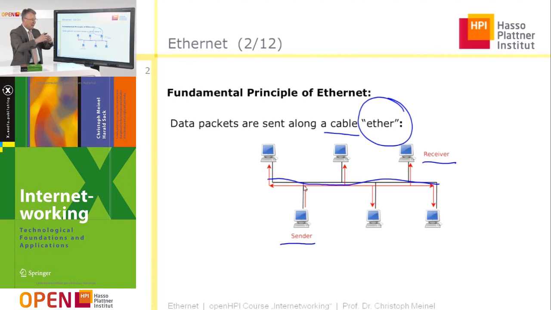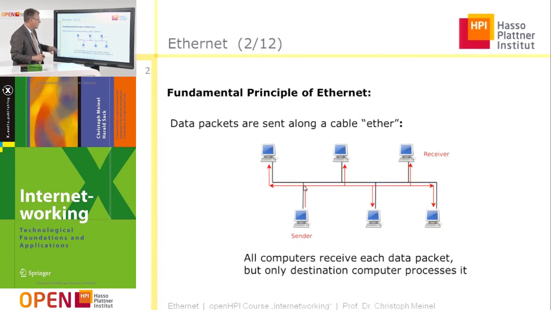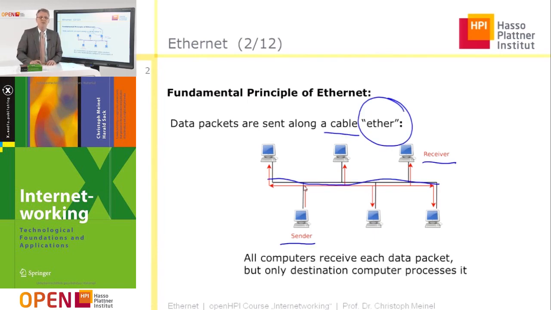So it goes in both directions. It goes very fast. There is no logical switch to check something. The electrical signals are sent in both directions. This is the reason that all the computers that are connected to this cable receive each data packet, but only one computer, the receiver, needs to process the data packet.